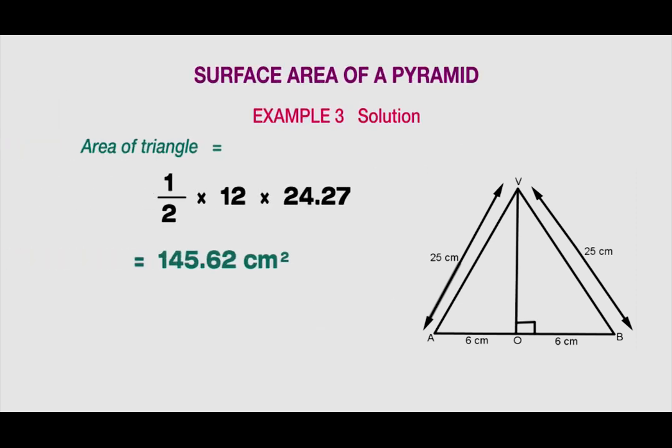We now find the area of the triangle, which is half times the base times the height. So we do our substitutions, and we have A equals half times 12 times 24.27. And that gives us 145.62 centimeters squared. Since the pyramid has 4 equal triangles, it means the areas are equal. So we multiply the area by 4 to get the total area for the triangles.